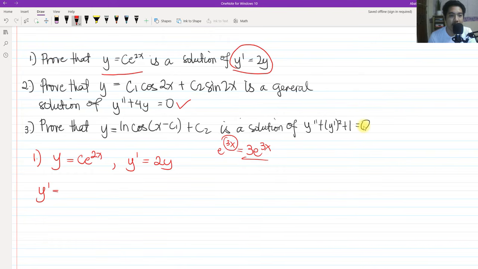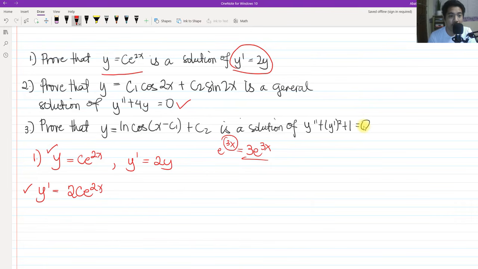This same rule we apply, having c as our constant. So what will happen is 2c e raised to 2x. That would be the y prime of this y.